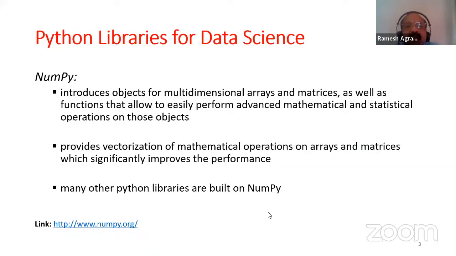Let's say you want to multiply two matrices. There is a matrix A of size 5 by 10, and a matrix B of size 10 by 5, and you want to multiply and store in C. Then what do we do? We write a for loop, for i equal to 1 to 5, for j equal to 1 to 5, for k equal to 1 to 10, Cij equals Cij plus Aik times Bkj.